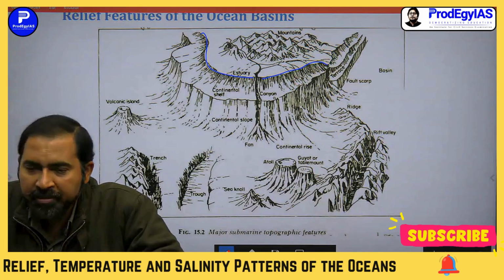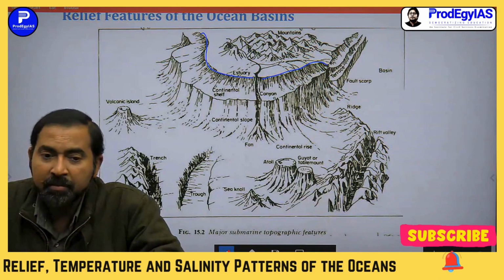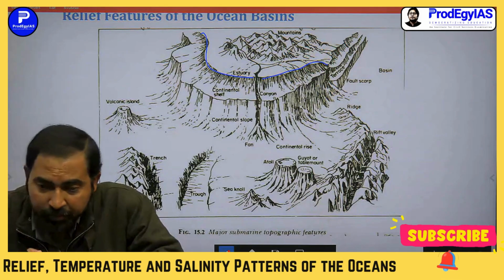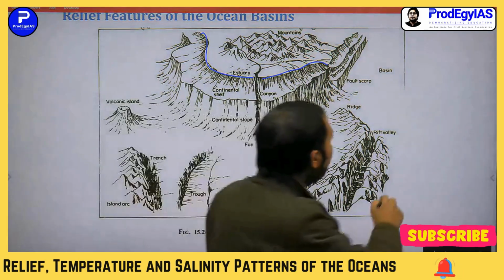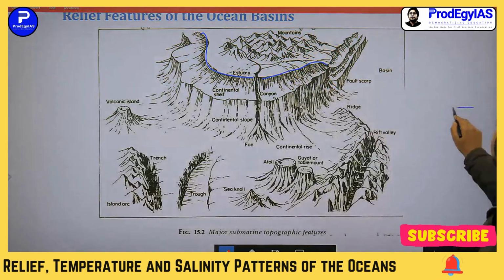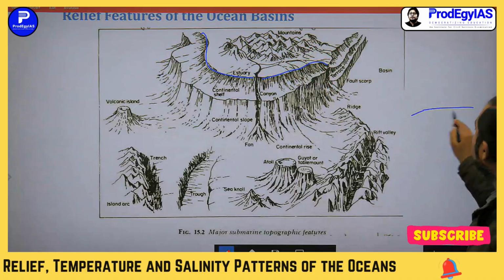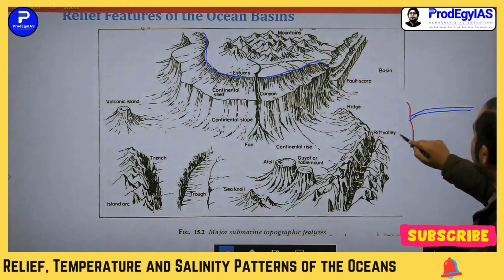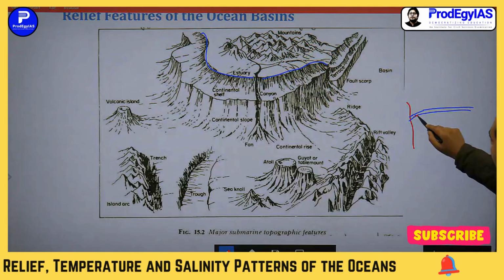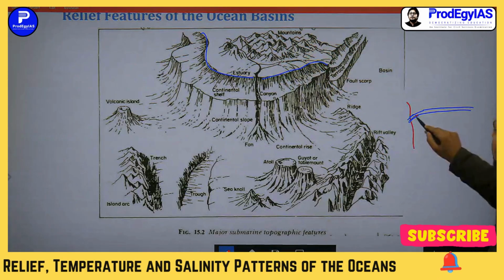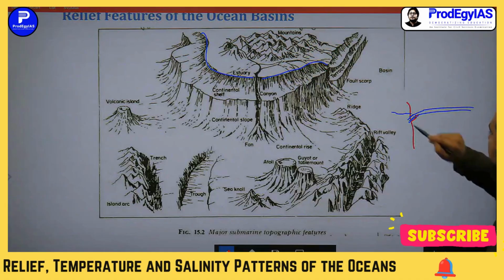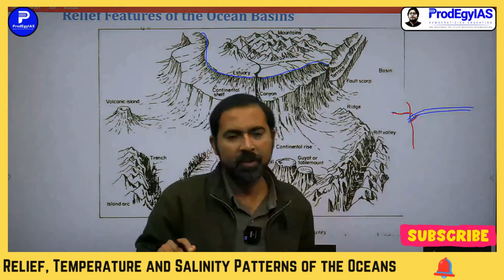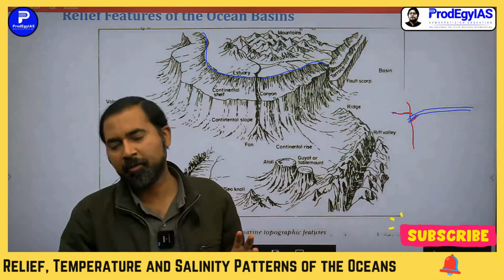For delta formation, first a river should have a greater amount of sediment load, then its mouth should be like this. If this is a river and this is the sea, and it goes like this, means the sea level is above its mouth, then there are fewer chances of delta formation.